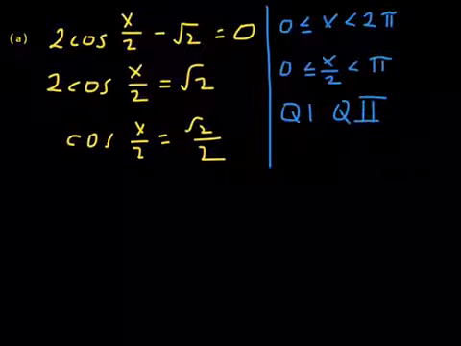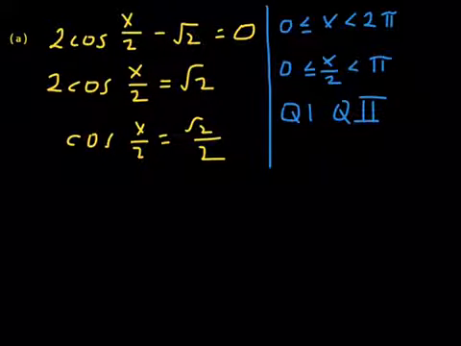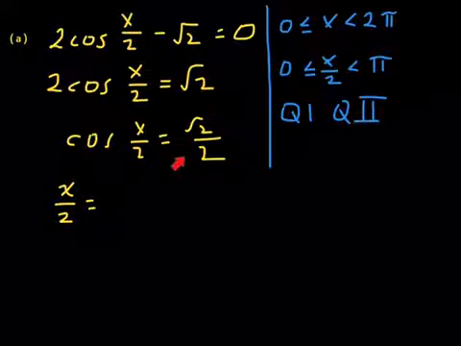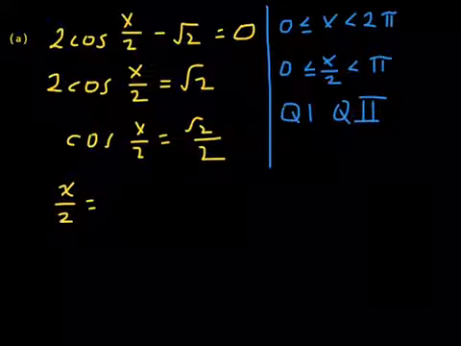And let's continue. Because of our knowledge of the unit circle, in quadrant 1, we know that cosine of x over 2 will be root 2 over 2 if you're taking cosine of pi over 4.